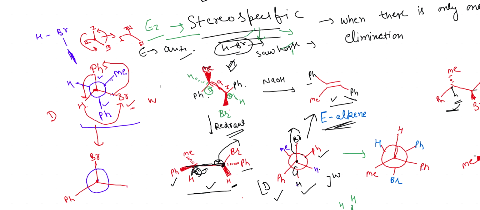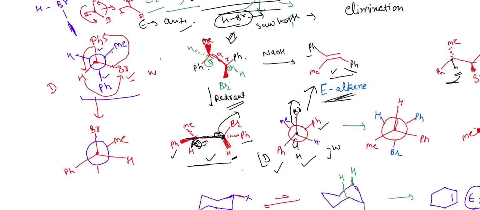This will be the structure like this, and the carbon at the back side will remain the same, because when you rotate a bond from one side, it should be fixed like a shaft, like it is fixed with something. If you are rotating it, then there is some fixed point here.